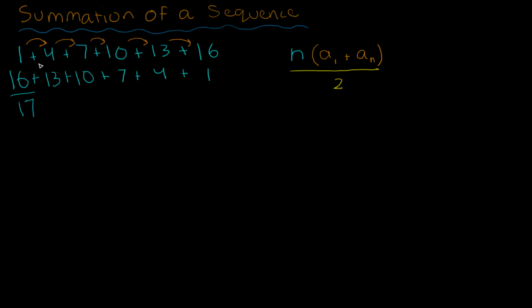You can think about the common difference as the total distance moved from 1 to 16 divided by the number of steps. We have 5 steps, so that'll be in our denominator. And notice that we moved a total distance of 15. So that means our hops were of size 3, and these hops are just a very simple way of saying the common difference. So our common difference was 3.